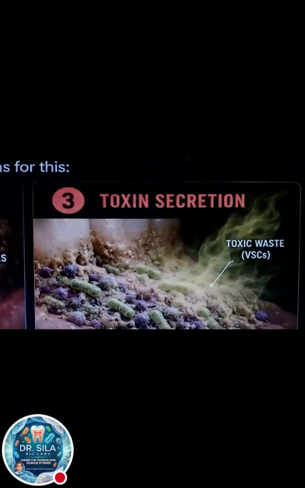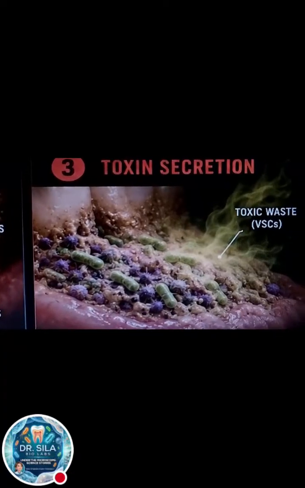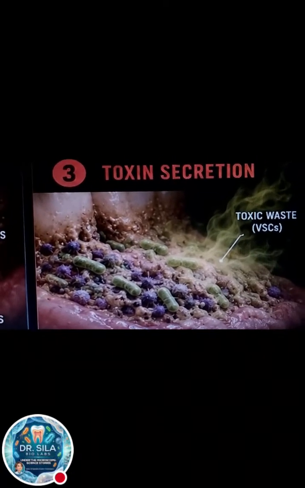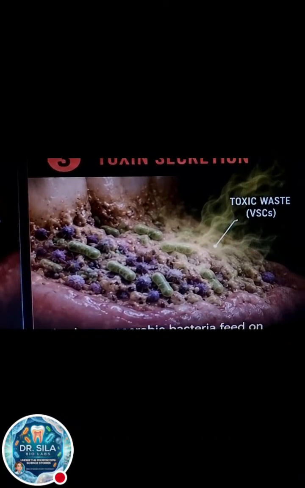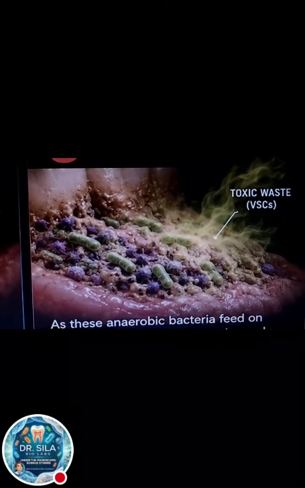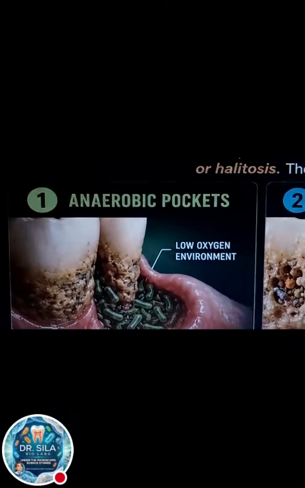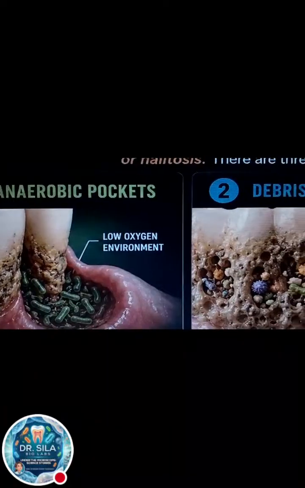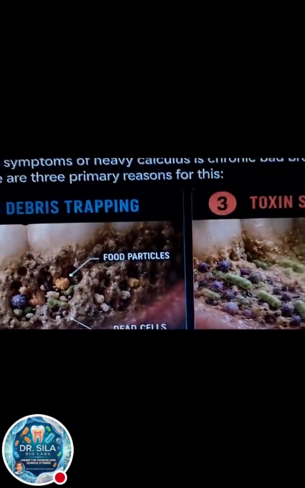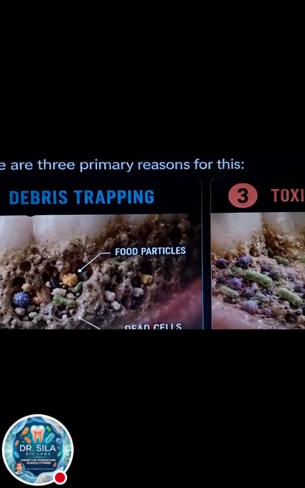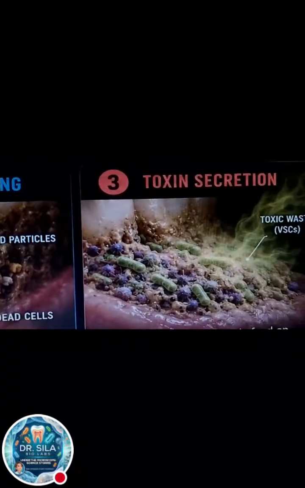Then coming to the toxin secretions. These anaerobic bacteria feed on this trapped debris. They continuously ferment nutrients and release foul-smelling toxic waste directly into the mouth. So the combination of anaerobic bacteria, decomposing debris, and toxic secretion creates a persistent source of foul odors. That is chronic bad breath.